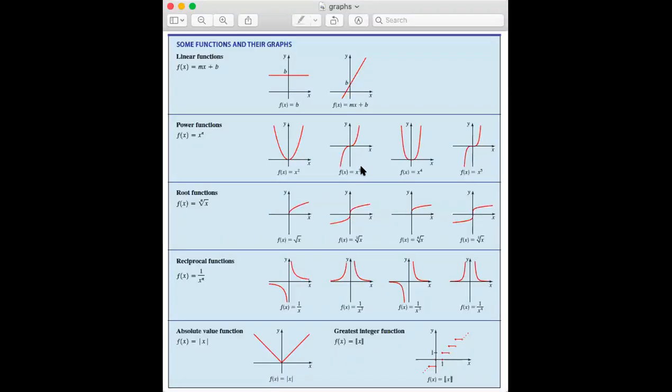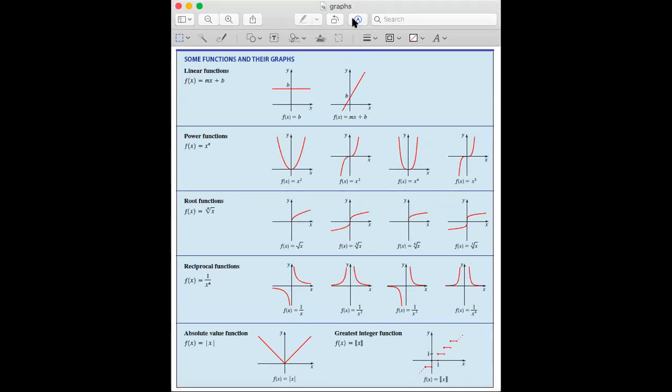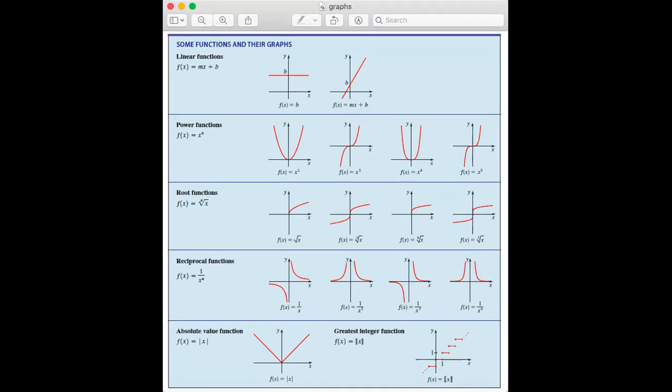Do you see the graph, the picture? Yeah, we can see it. Okay, perfect. So here, the first one, f of x equals mx plus b.